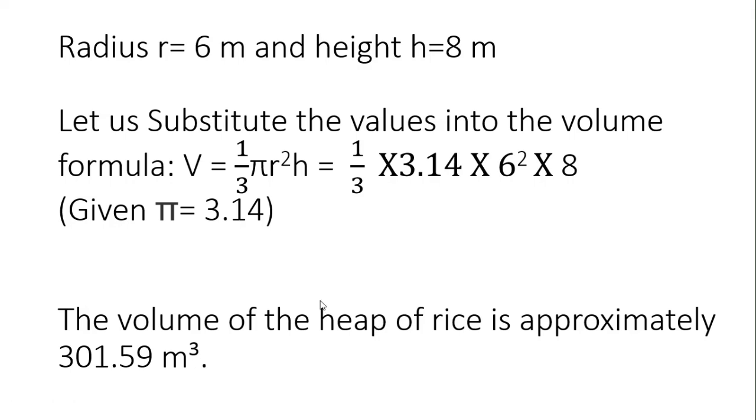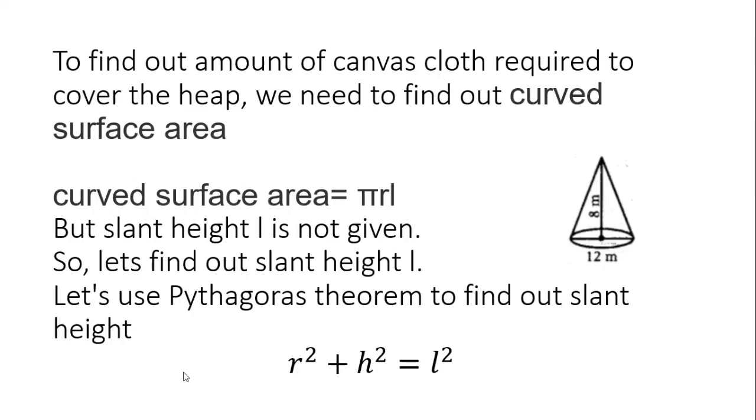What is the simple activity we have done? Only the diameter was given. We have found the radius, and we have substituted the values. Simply we got 301.59 cubic meters, the volume of the heap of rice, which is in the form of a conical shape, right? Now the second step is also there.